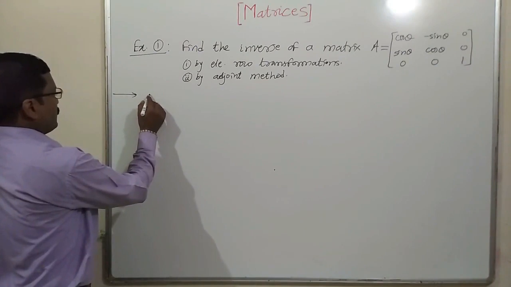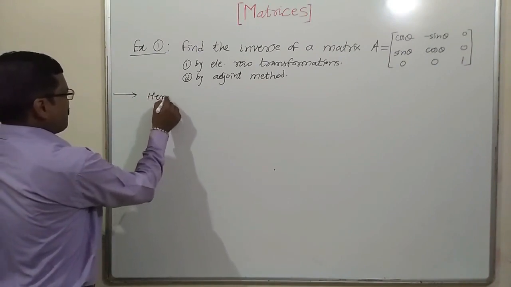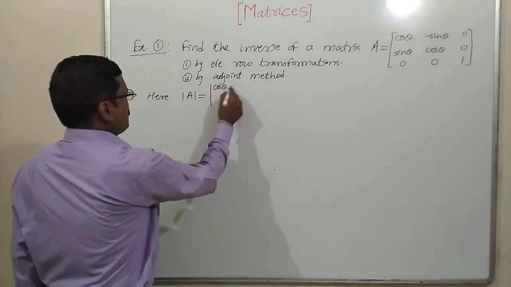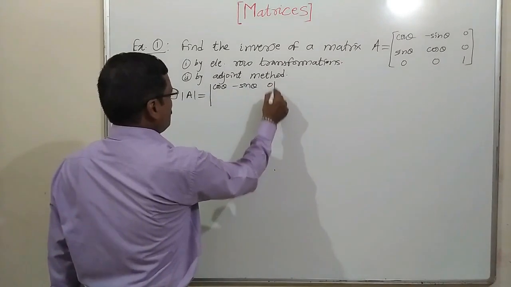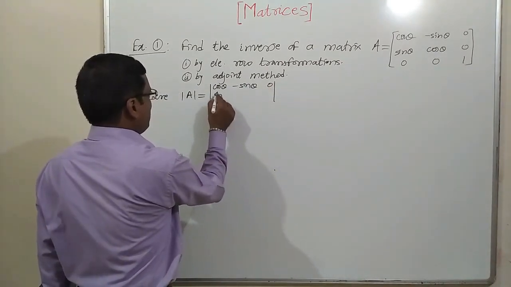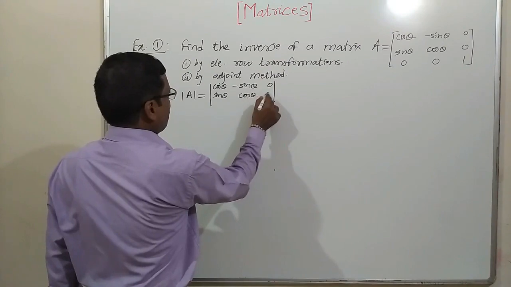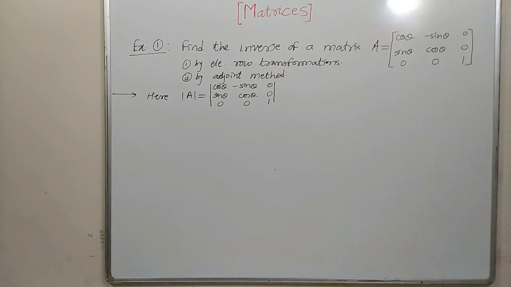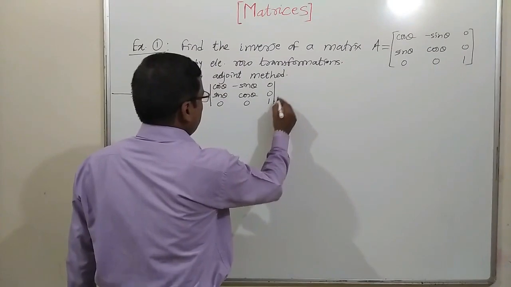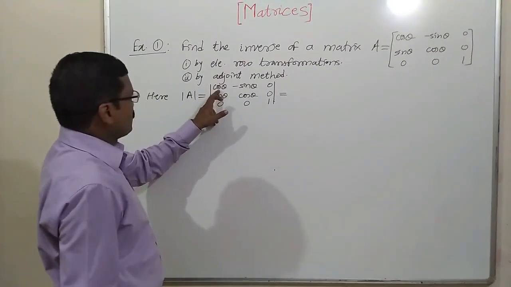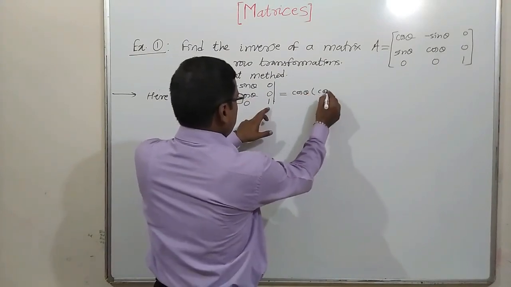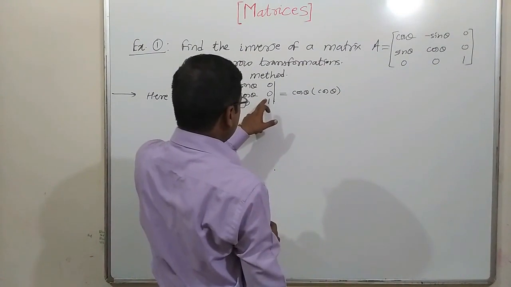First, we will find the determinant of A, which is equal to the determinant of cos theta, minus sin theta, 0, then sin theta, cos theta, 0, 0, 0, 1. Here the value of determinant is cos theta into cos theta minus 0, that is cos theta.